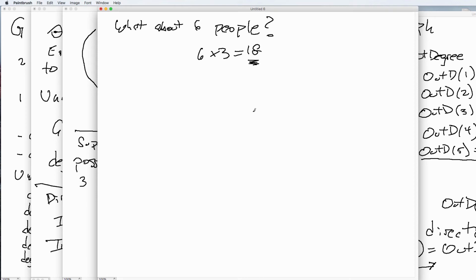So let's come over here, and I'm going to go 1, 2, 3, 4, 5, 6. And watch what I'm going to do. If I come over here and do this, and make a star, in this subgraph, if you will, everybody knows 2 people amongst these 3.